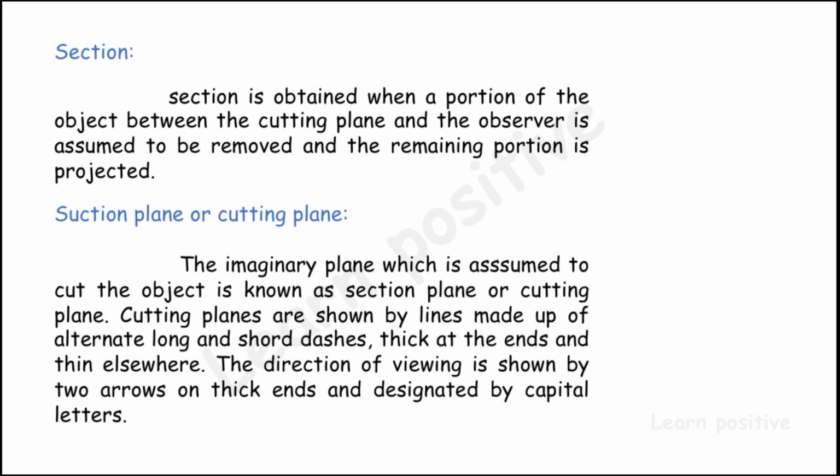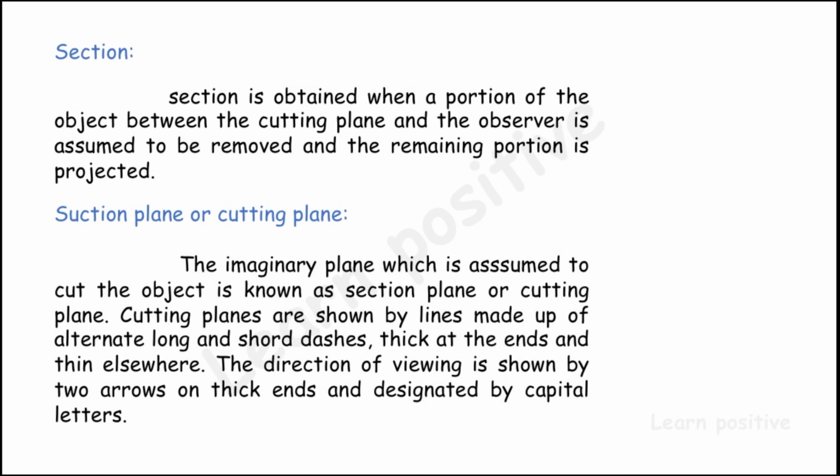The cutting plane dashes may be at an angle such as 45 degrees, 30 degrees or 60 degrees. For example, with two objects, the first object may have a cutting plane at 45 degrees to the left and the second at 45 degrees to the right.